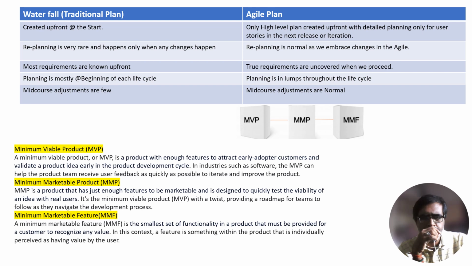This means that we do some high-level planning at the beginning, and then we do detailed planning just before the work is taken up in the iteration. As changes are commonplace in Agile, we replan when changes come. In reality, planning in Agile might actually be more than in the traditional approach, as we do it in parts at several times and modify the plan with the changes.